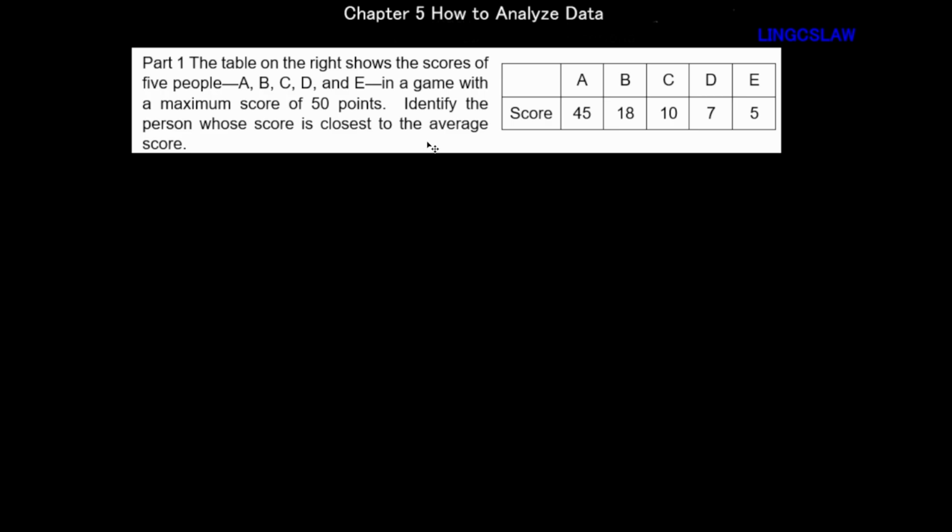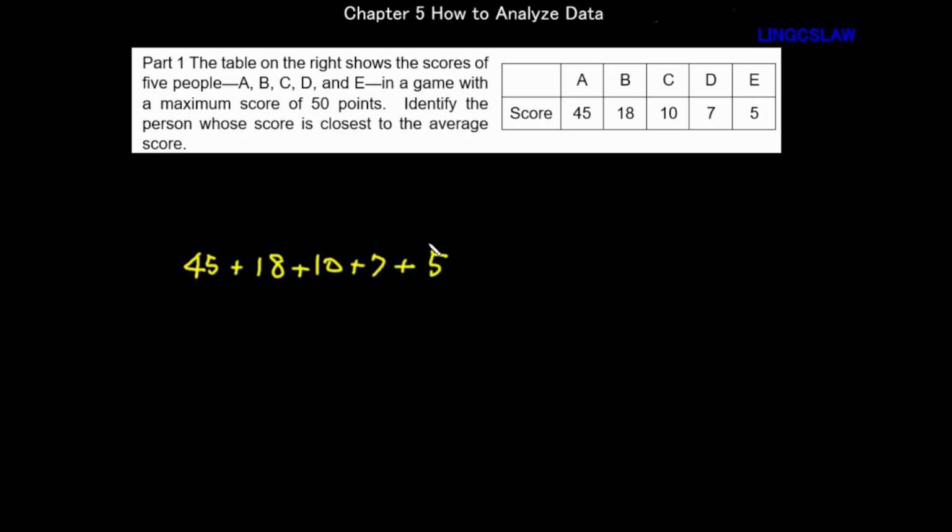So first of all, you have to find the average score. How to find average? First, you have to add up all the people's scores. So you will calculate the sum of the scores: 45 plus 18 plus 10 plus 7 and 5.